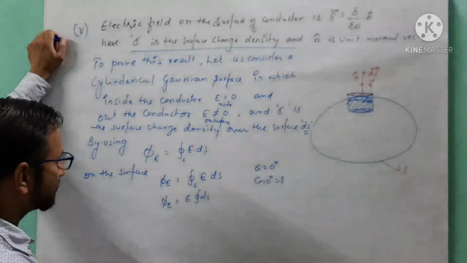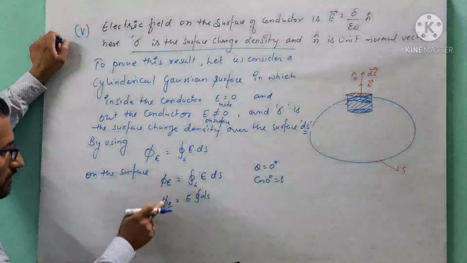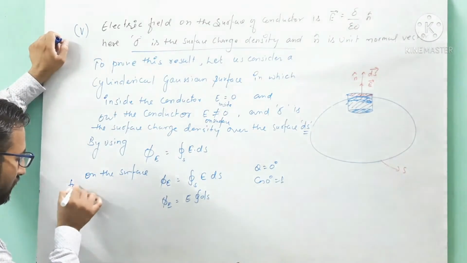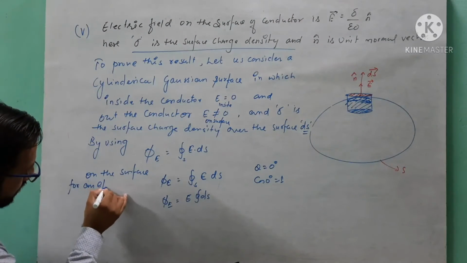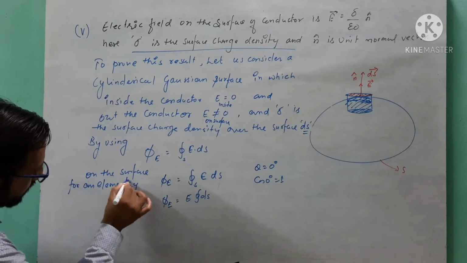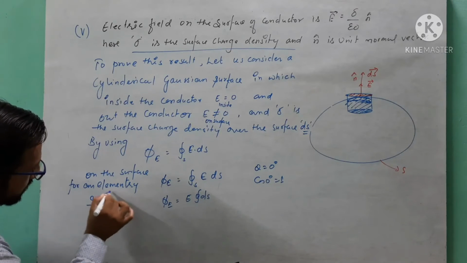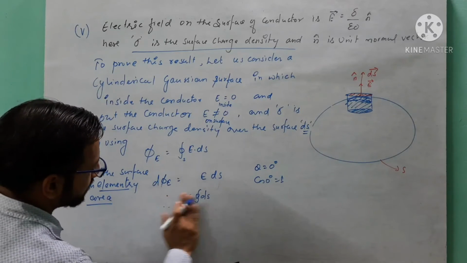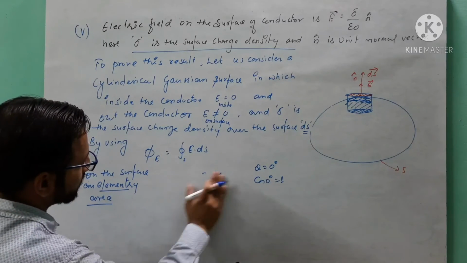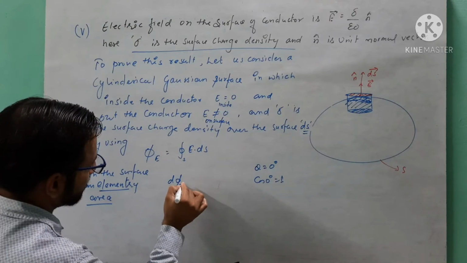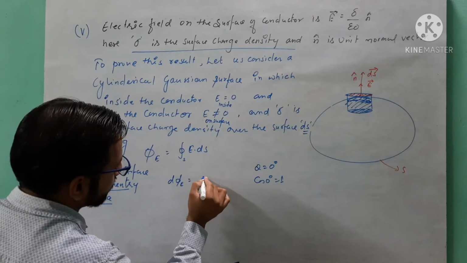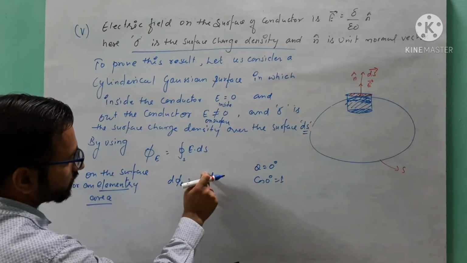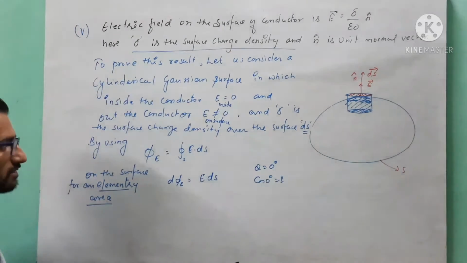For the elementary condition I will change the presentation of the formula on the surface for an elementary area: d phi E is equal to E dot ds, and we know that theta is equal to 0, so it will be represented by this.